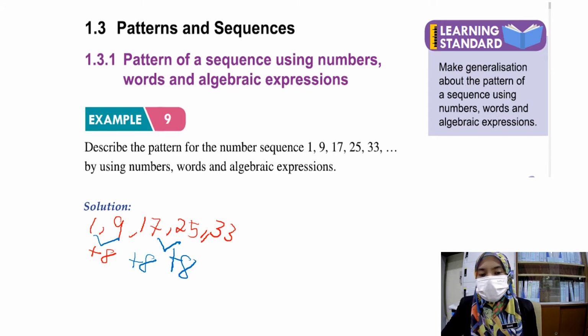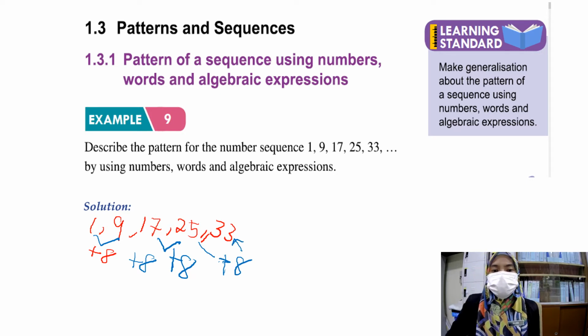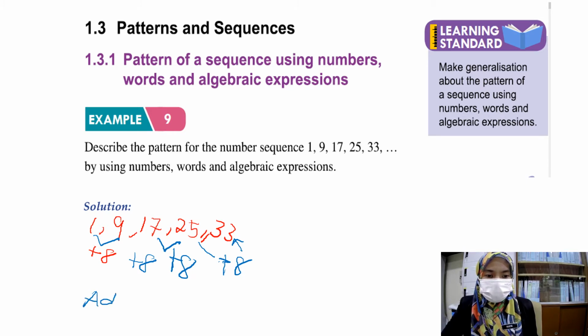Lastly, 25 plus 8 equals 33. So, the pattern is add 8. How to write the answer? You just write add 8.